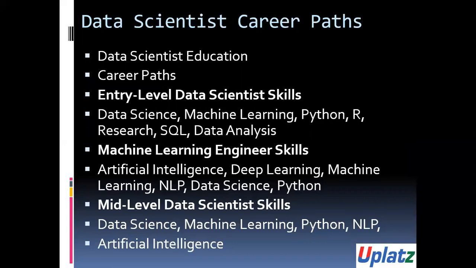Then what are the data scientist career paths? Okay, so what is the scope? What are the future scopes for data scientists? So let's see the data scientist career paths. So for those engineers and analysts who decide that they want a more strategic role within their organizations, becoming a data scientist is a good choice.